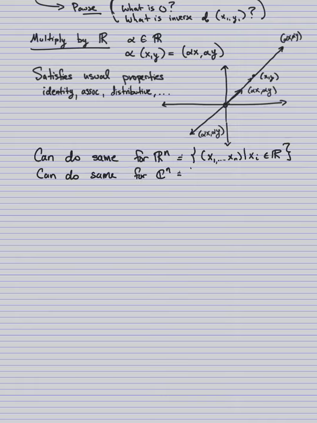So this would just be, well, I probably should use a different letter, but that's okay. So this is just n-tuples of numbers where everything is in the complex numbers, rather than the reals.